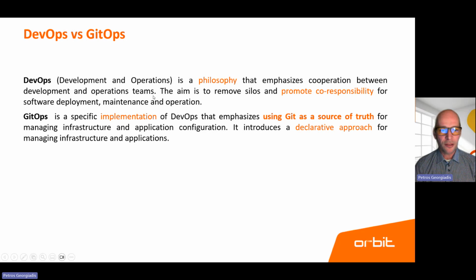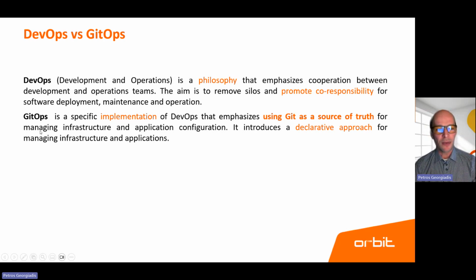This is the essential part, because in the past the developers just produced the code and handed it over to operations, and at this point their task was done, and it was up to operations to deploy it to different environments and make it work. So DevOps was promoting co-responsibility for software deployment and maintenance.